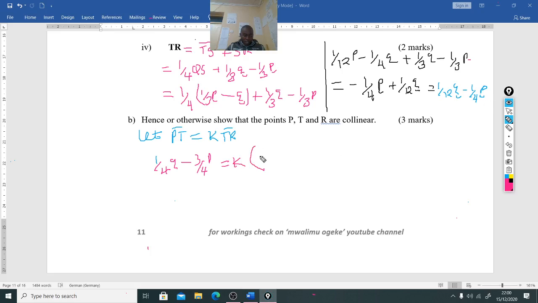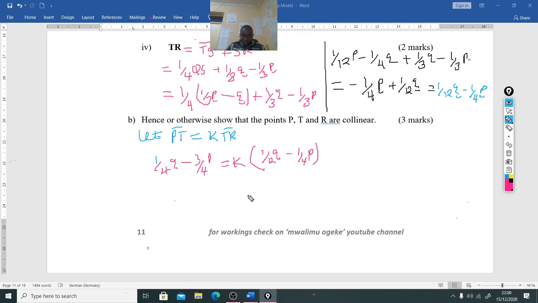TR we found it here to be 1 over 12 Q minus a quarter P.